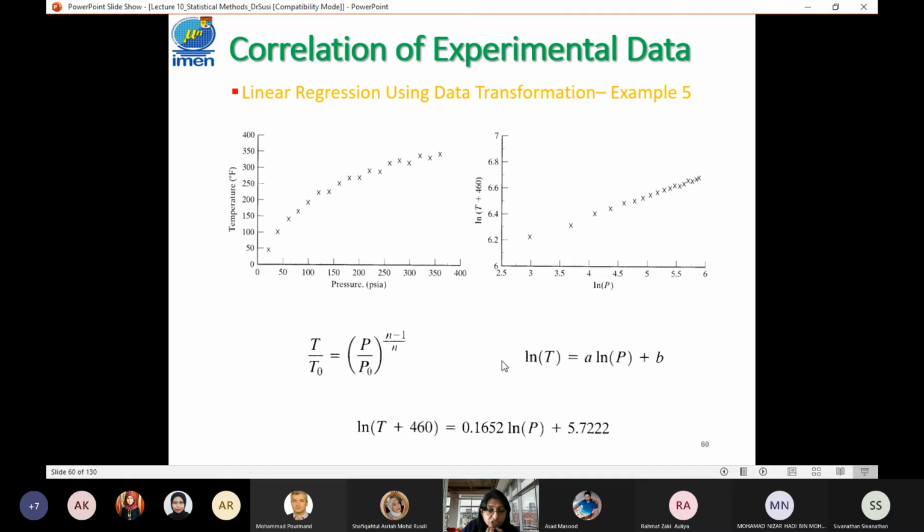And you can change your equation to be ln T equals A ln P plus B. This is the actual y equals mx plus c of this line over here. So you get a relationship between the temperature and the pressure, but in a natural log form. Okay, so again, data transformation.